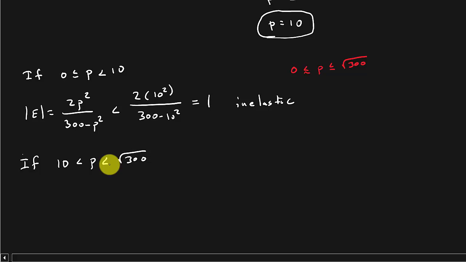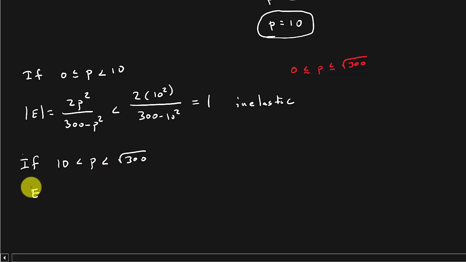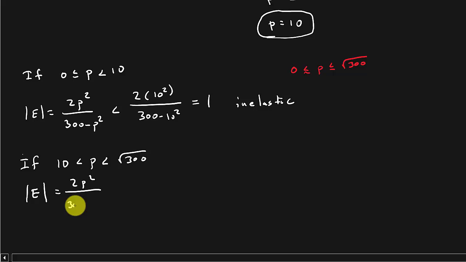If it's from 10 to square root of 300, then the absolute value of E equals 2p squared over 300 minus p squared.